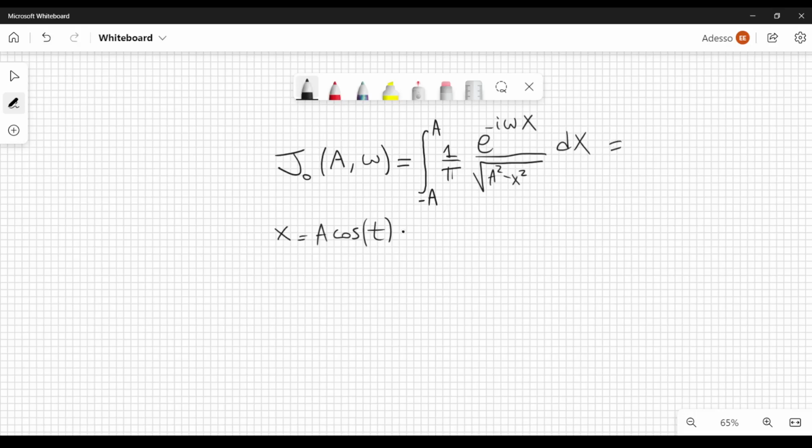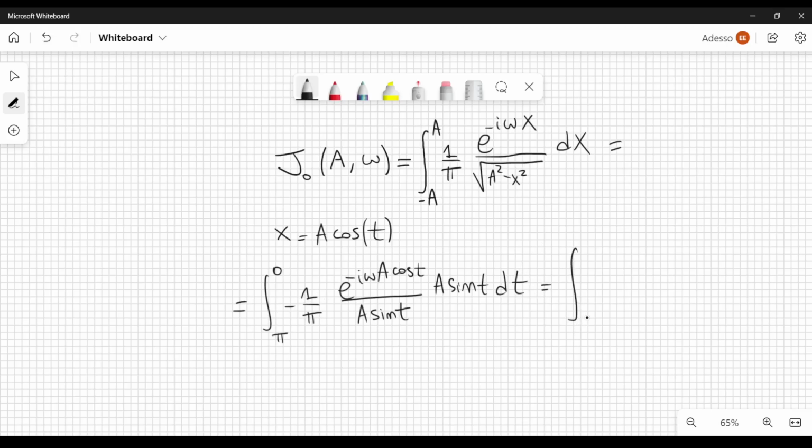So this can be rewritten as integral from pi to 0 minus 1 over pi e to the minus I omega a cosine of t, and then we divide by this square root, which will simply become a times sine t, and then the differential of x will become minus a sine t dt, and I have put the minus sign here. Now this can be simplified like this.